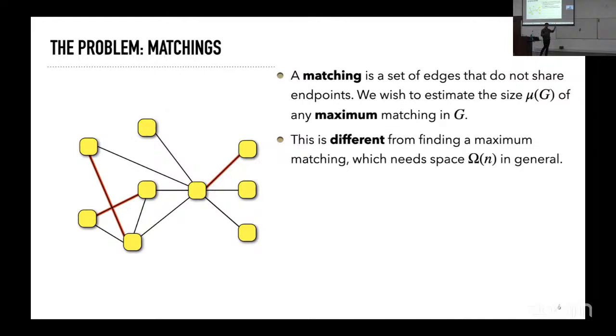So this is a size estimation problem. If you are asked to find a maximum matching, in general, you might need omega of n space, a linear amount of space, to just output the matching in the first place. Because that might be the size of your output, you can't do a lot better than that. So in general, I just want to draw this distinction here. These both have different bodies of literature, but they're quite related as problems.